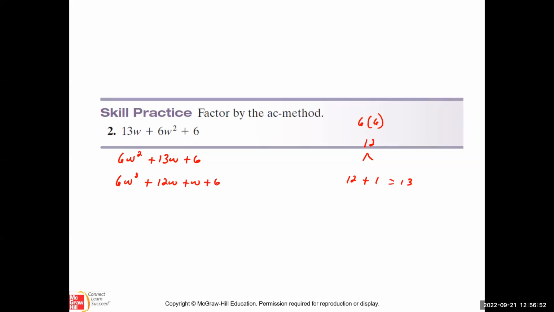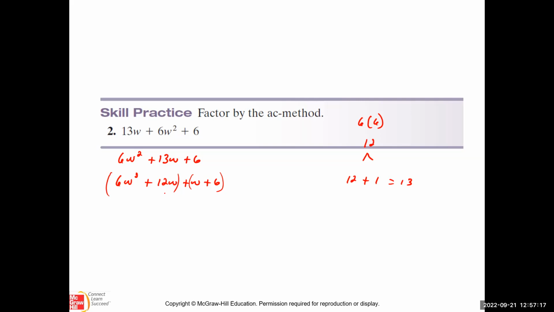And so now what I'm going to do is pair these up. So I'm going to pair that one up, and I'm going to pair that one. So 6w squared and 12w. It looks like I might be able to take out a 6w on that one, right?